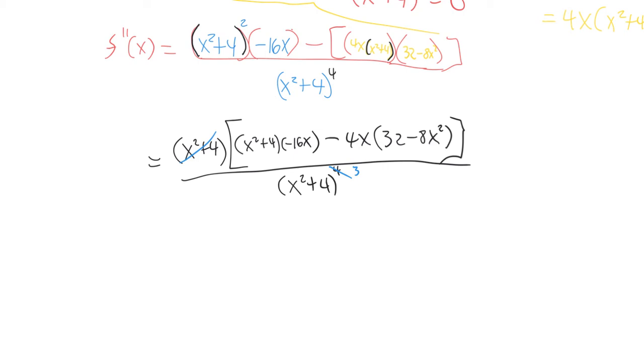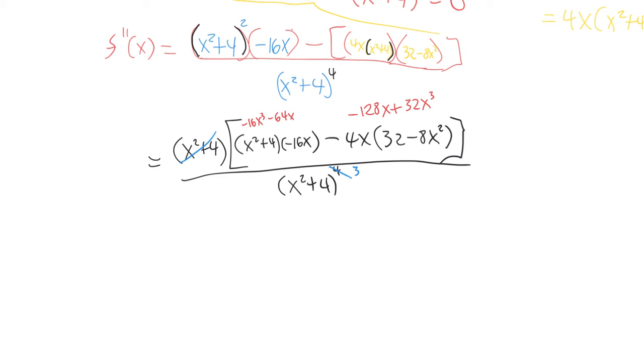At this point, I would distribute stuff, okay? Now, I'm going to go ahead and distribute this right here, just to save space. We're looking at negative 16x to the third minus 64x. And then over here, it would be negative 128x plus 32x to the third.